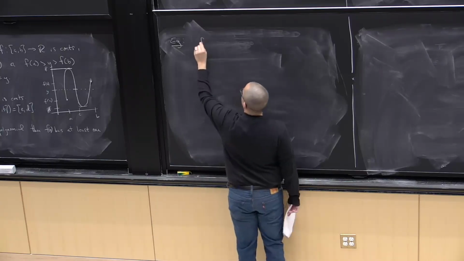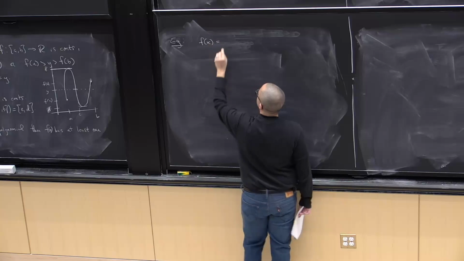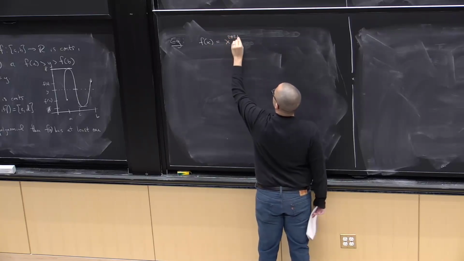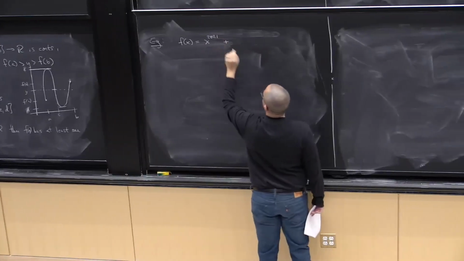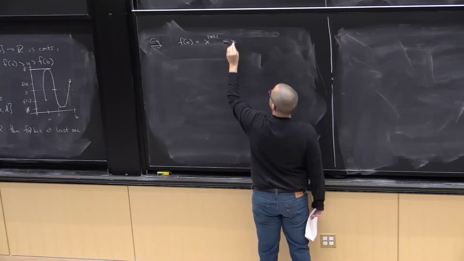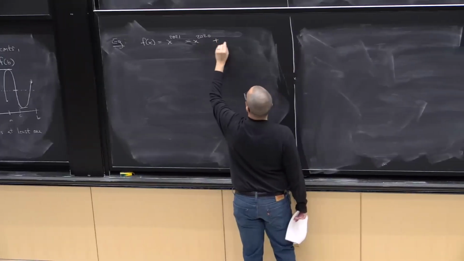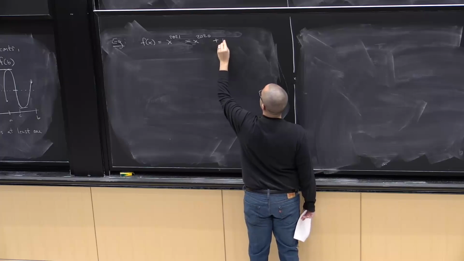So let's take f of x equals x to the 21 minus x to the 2020 plus, I don't know, what's today?